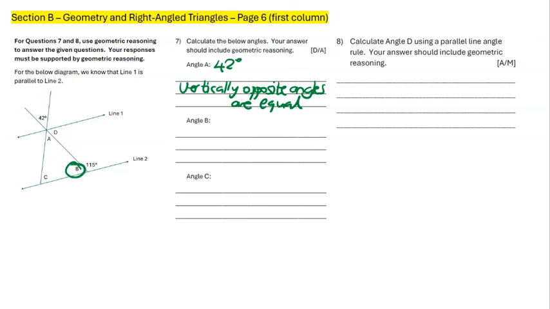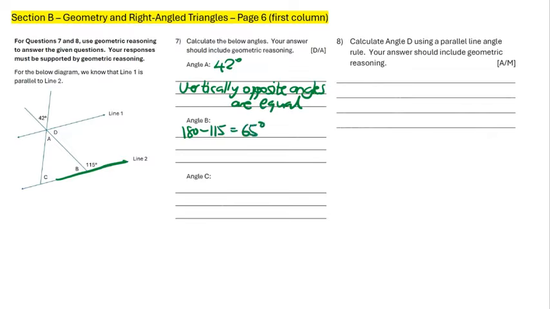So now moving on to angle B down the bottom there, and this one here, I'm just going to draw a green line here. So I can see angle B and angle 115, they're sitting on that same line. So both of those must combine to the 180 degree straight line rule. So the working for this one here is 180 minus the 115, which is equal to 65 degrees.